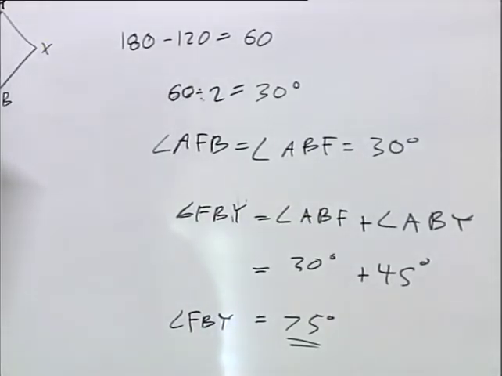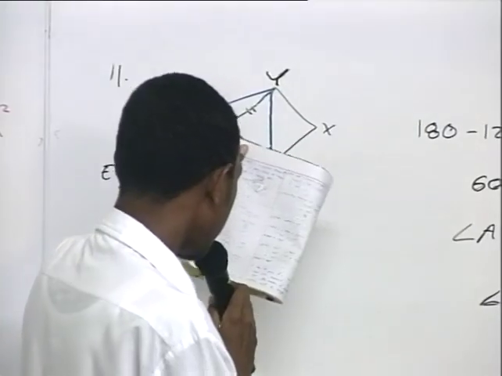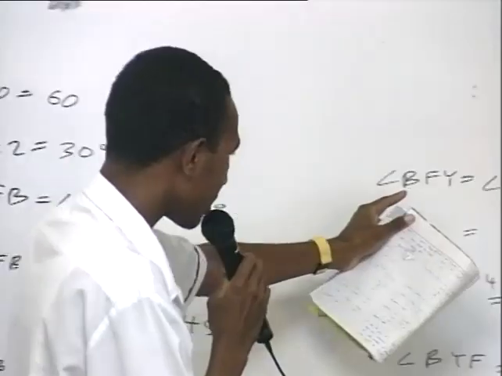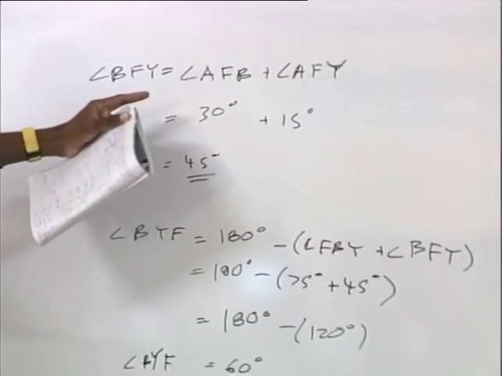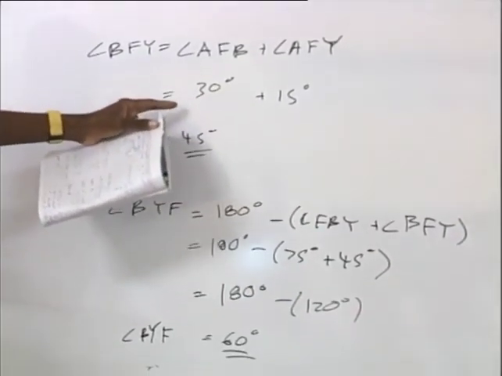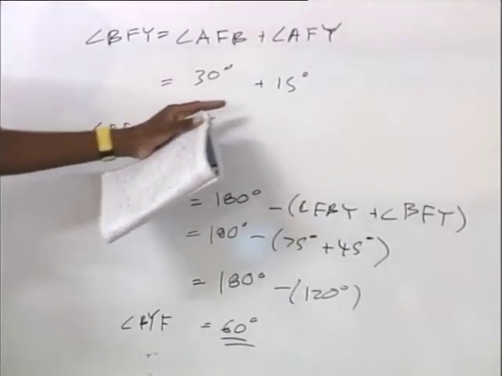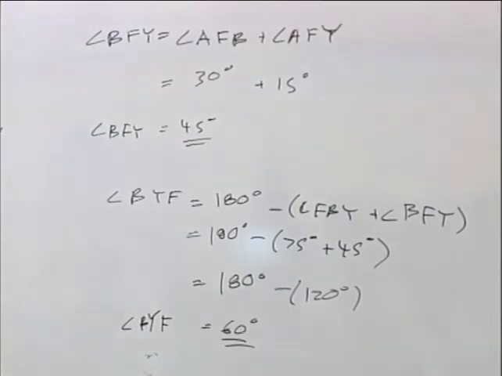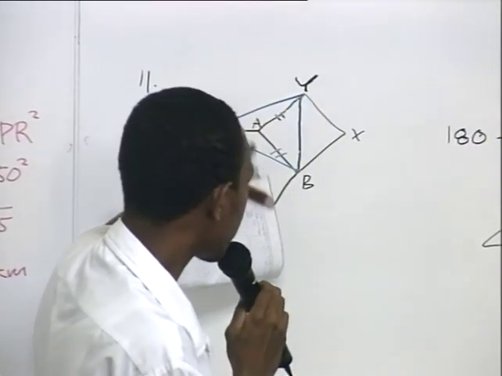So angle FYA is equal to angle AFY, which is 15 degrees. Then angle BFY is equal to angle AFB plus angle AFY, so 30 degrees plus 15 degrees, angle BFY is equal to 45 degrees.